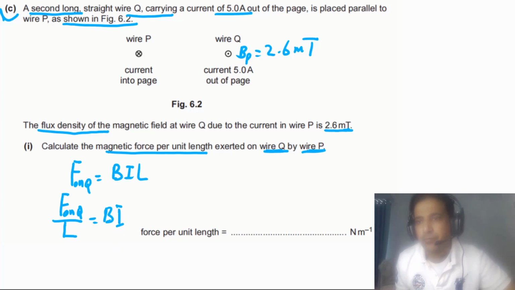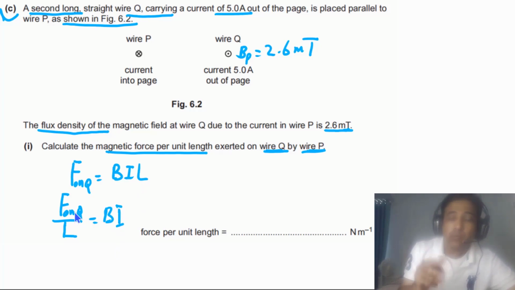But here is one very important point: we are talking about force on Q, so we have to consider the magnetic field due to P, the external magnetic field. So the external magnetic field here is due to wire P, and this is the current in wire Q.